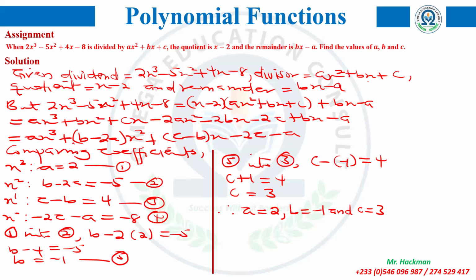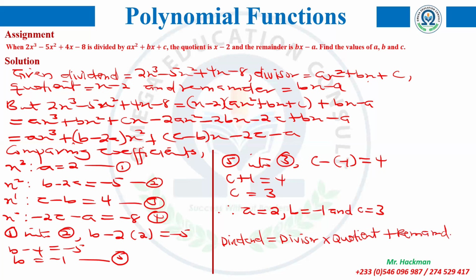I didn't write it. I told you if you are matured, you can write the identity or the relation in terms of exactly what you are given. But we know our dividend, remember we said, will always be equal to the divisor times the quotient, plus the remainder.